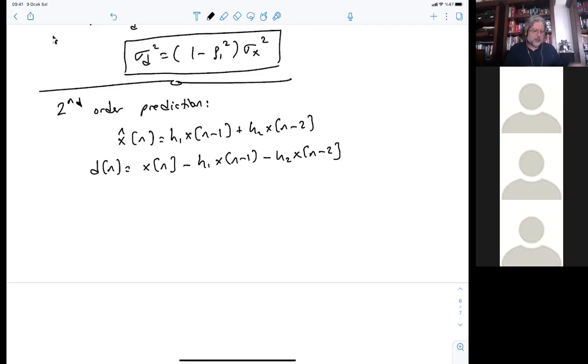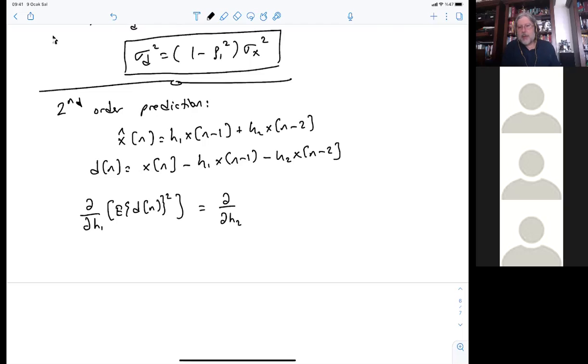And of course, we will do the same thing. We will have to take the square of it and take the derivative of the expected value of d of n square with respect to h1 and also with respect to h2.